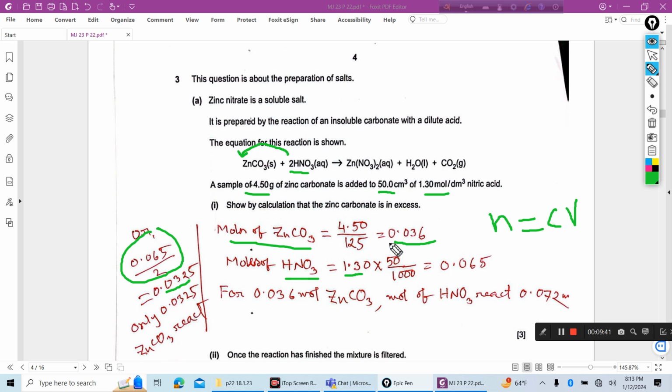But zinc carbonate moles is 0.036. So zinc carbonate is in excess. For 0.036 mole of zinc carbonate, moles of nitric acid needed is 0.072. So nitric acid is less, zinc carbonate is in excess.